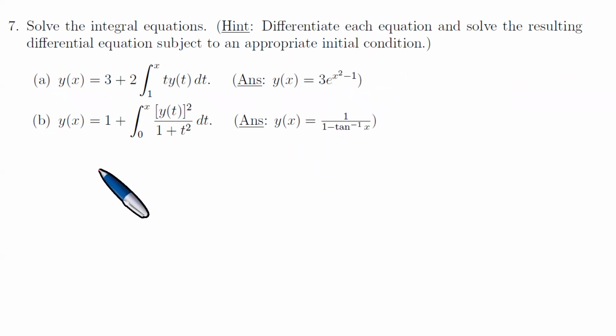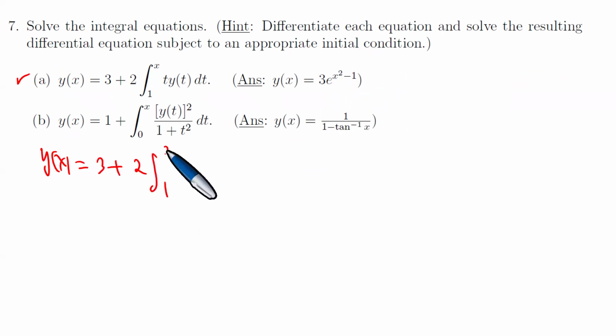So now let us look at this. In A, you have been given y of x, which is 3 plus 2 times the integral of t y of t dt.